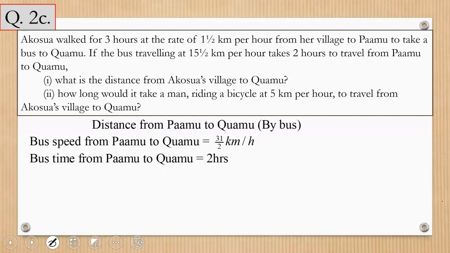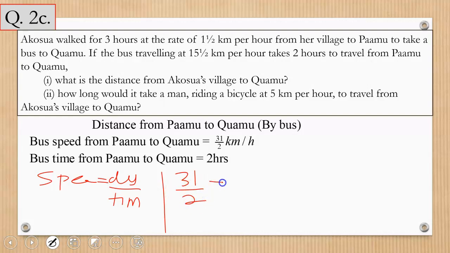So what we need to do right now is find the distance using the same formula: speed is equal to distance over time. Our speed is given as 31 divided by 2, which is equal to the distance over time, which is 2 hours.